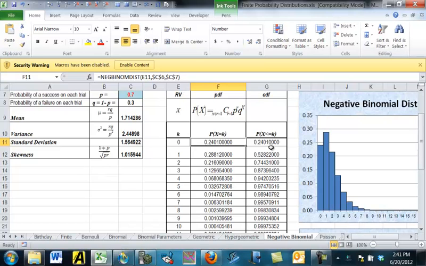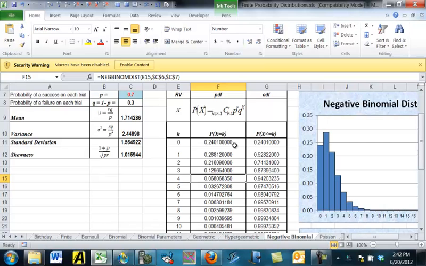But I can also do the CDF as you can do any CDF. Take the first one equal to here, and this next one is the one above plus the one to the left, and then copy that so it's always one above plus one to the left, which is exactly what a cumulative distribution is doing, so that this number here becomes the sum of all these up to that point.